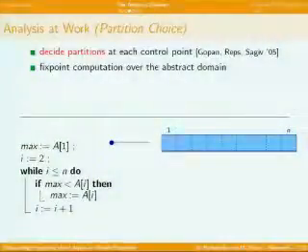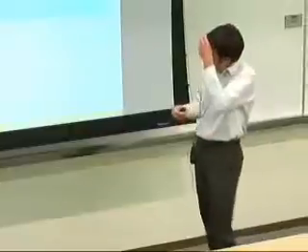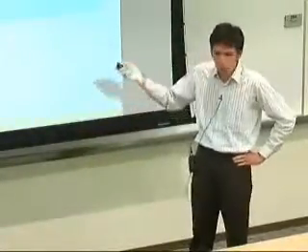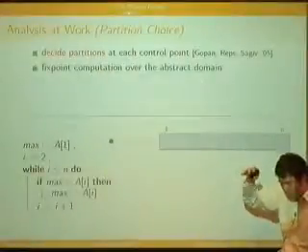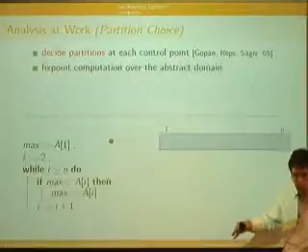So how does the analysis work? First we have to decide the partition, and then we have to make the fixed point computation. Here is an example of how we decide the partition of the maximum search algorithm. First, at each control point, we attach a symbolic partition.